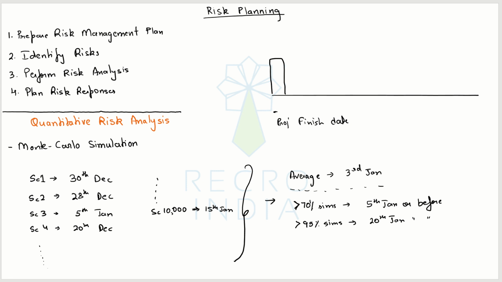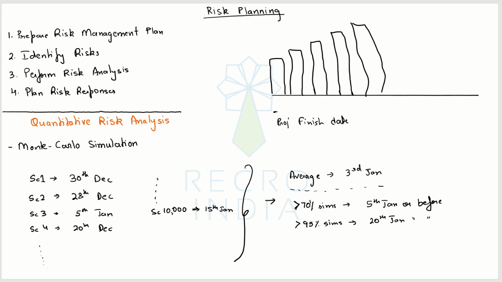Say for example, 500 simulations revealed an end date of 15th December. Then 600 simulations revealed an end date of 20th December. Likewise, we keep plotting the bars, and this would most likely come in the form of a bell curve. Yeah, that's not very good, but yes, it would come in something like that format.